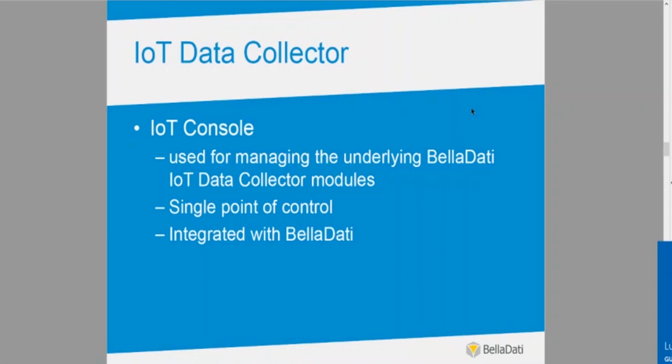So in case you are sending the data as an automated action to BellaDati, you can just pick the right data set and send it to the IoT console, IoT collector, so it will be configured automatically. The same applies to the mapping. The same applies to the machine learning, for example.